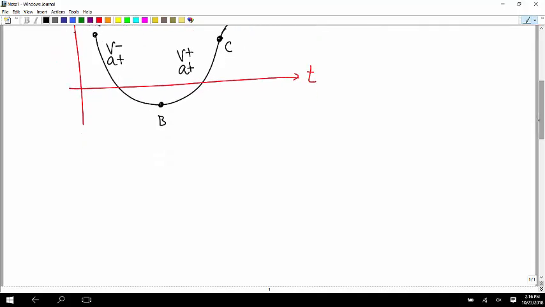So the last topic that we discussed, we started last time. We started talking about two-dimensional kinetics.